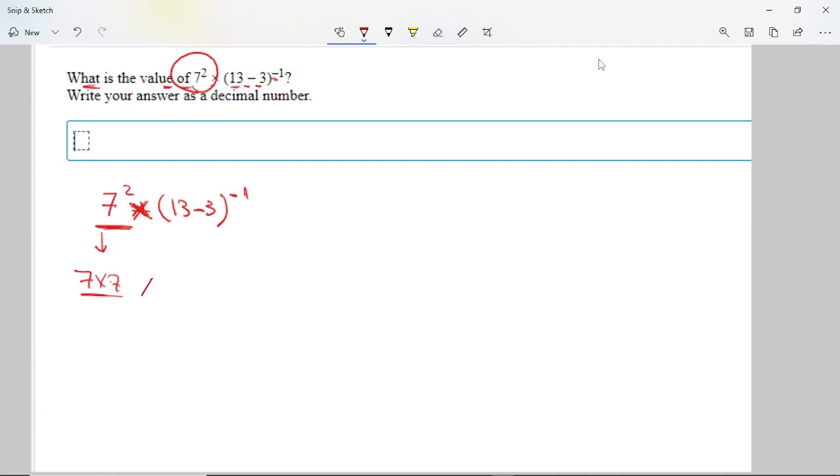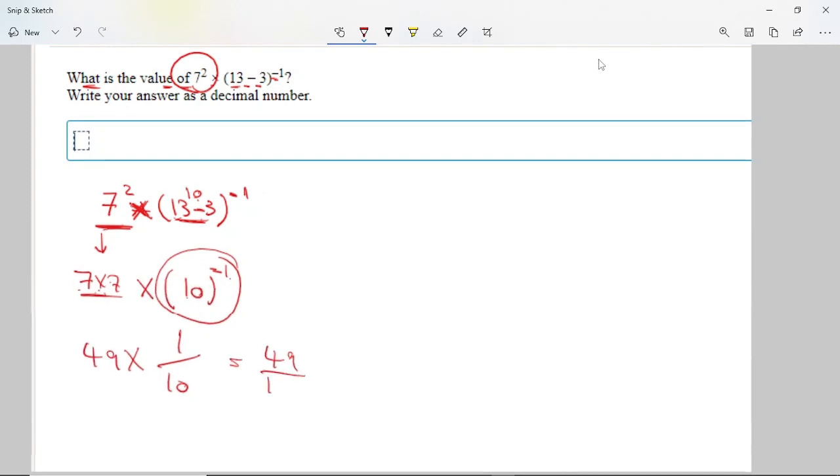Multiply 13 minus 3, 13 minus 3 is 10, and this power of minus 1, so it will be 10 power of minus 1. Okay, so 10 power of minus 1 will be flipped to 1 over 10. And 7 multiplied 7 is 49. So it will be equal 49 divided by 10. It will be 4.9. So the answer here would be 4.9.